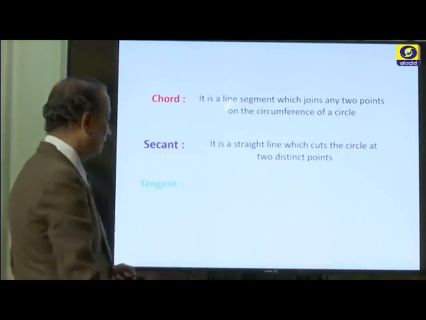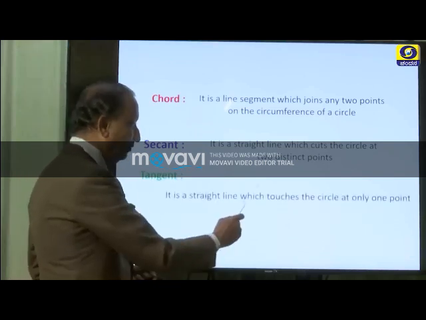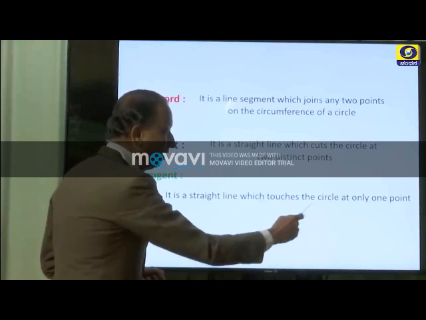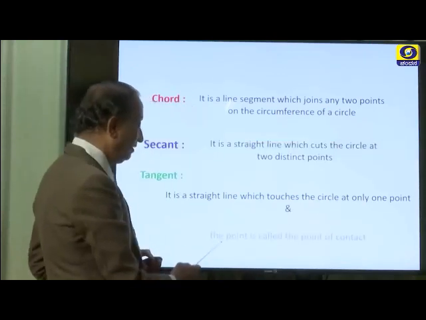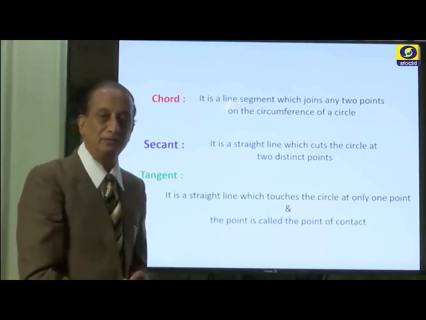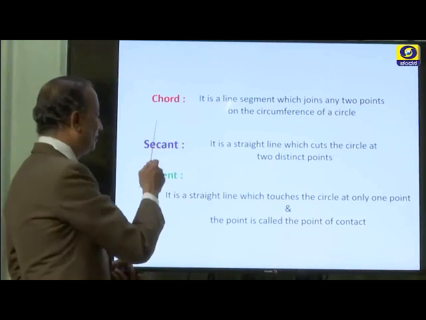And finally, a tangent is a straight line which touches the circle at only one point, and the point is called the point of contact. So, these are the definitions for a chord, secant and tangent.